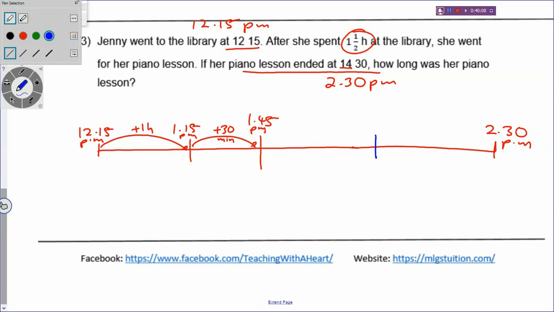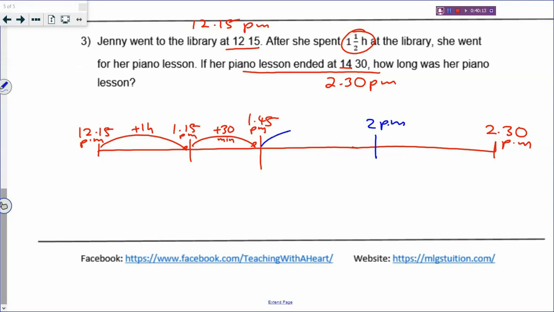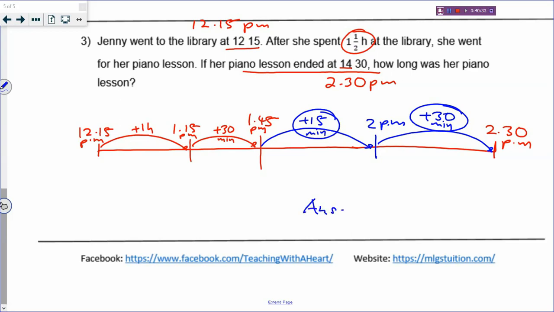You get your nearest hour, which is 2 p.m. From 1:45 p.m. to 2 p.m., that is 15 minutes. Then from 2 p.m. to 2:30, that will be another 30 minutes. So how long was the piano lesson? 15 plus 30. So the piano lesson is 45 minutes.